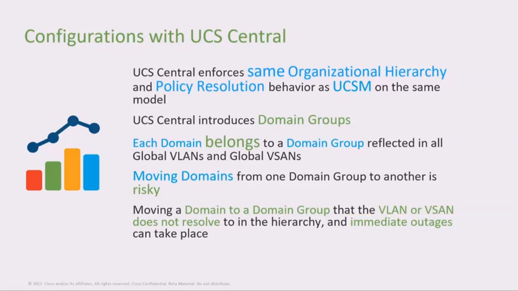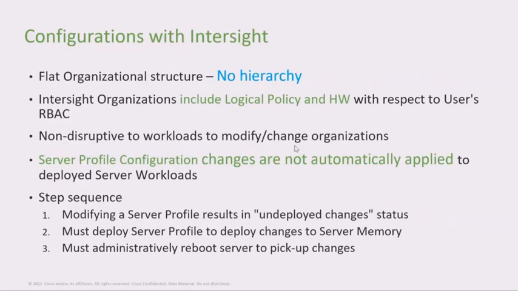So UCS Central was great for automating some configuration and policy instantiation, but it still had its dangers, right? So let's take a look at Intersight, right? Intersight, latest, greatest, newest, greatest thing since sliced bread.